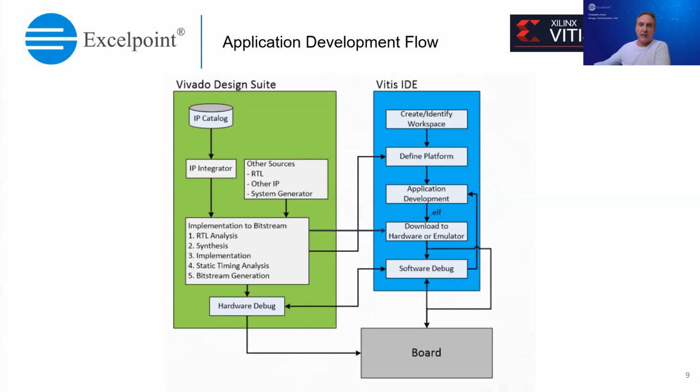The Vitis IDE then uses this hardware information as a key component in a platform project. As mentioned during the last session as well, the hardware description enumerates the number and types of processors, memory capabilities, available peripherals, address ranges, etc. Sometimes though, especially in a parallel workflow, it's desired for software developers to start software development before the hardware is finalized.